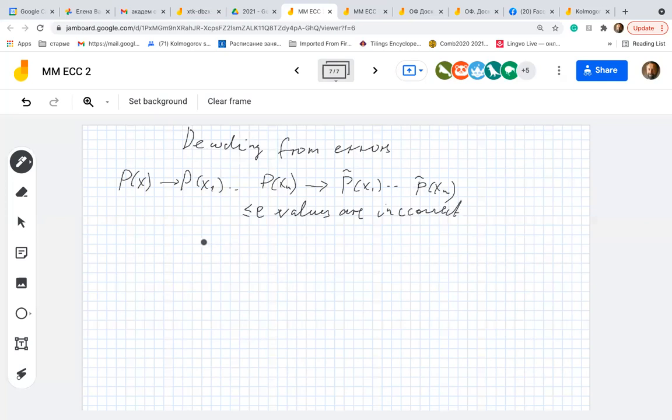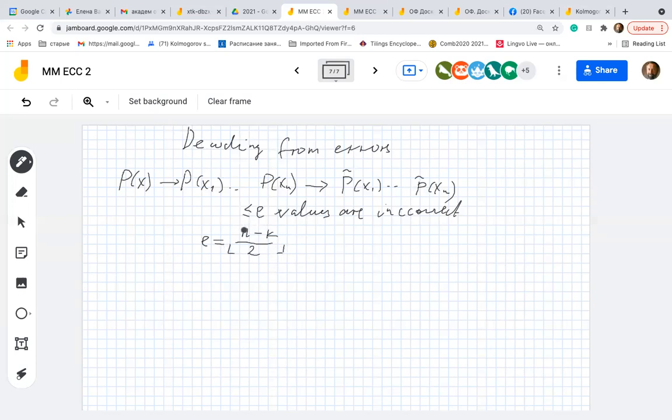Where E is the maximal number of errors the code can correct, which means that E is (d minus 1) over 2. That means that E is (n minus k) over 2, and we take the ceiling of this.